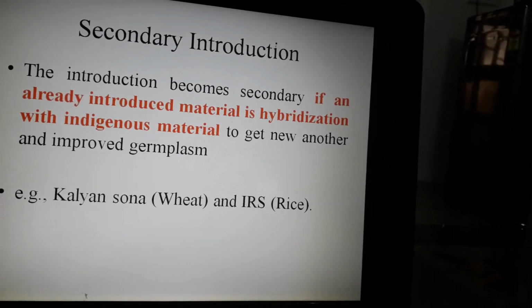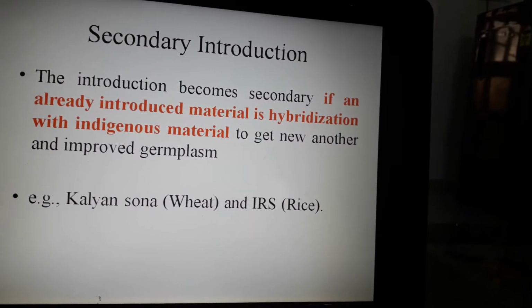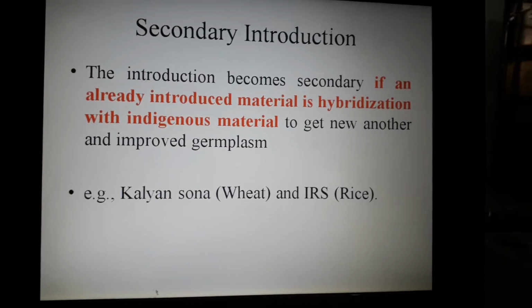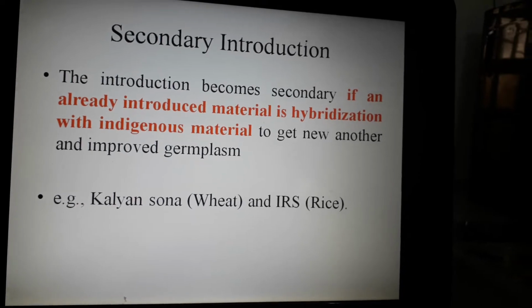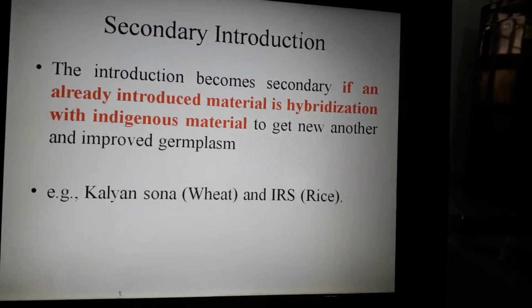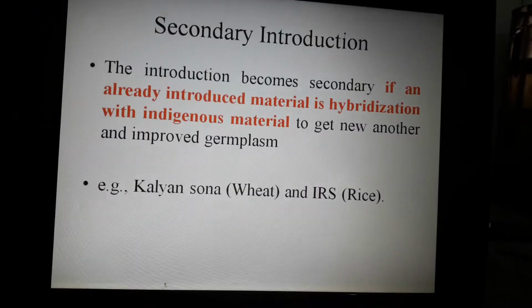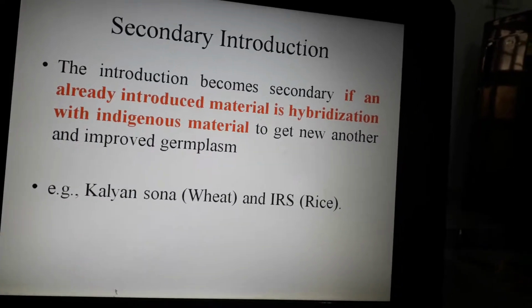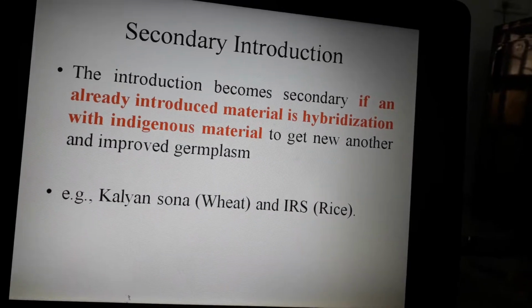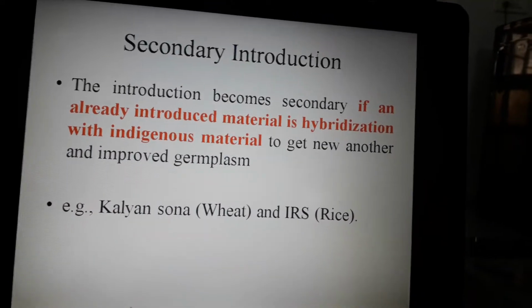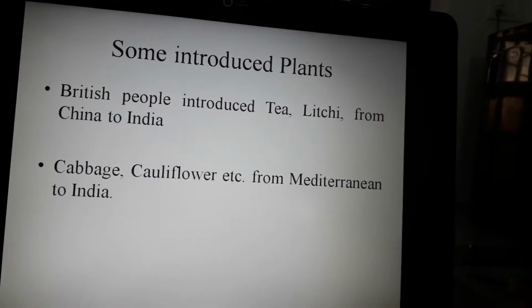When we hybridize that particular species with a normal indigenous material, we get a third type of species having improved germplasm, or we can say a hybrid category. So when we bring a particular variety and make some changes in its germplasm, that is known as secondary introduction.